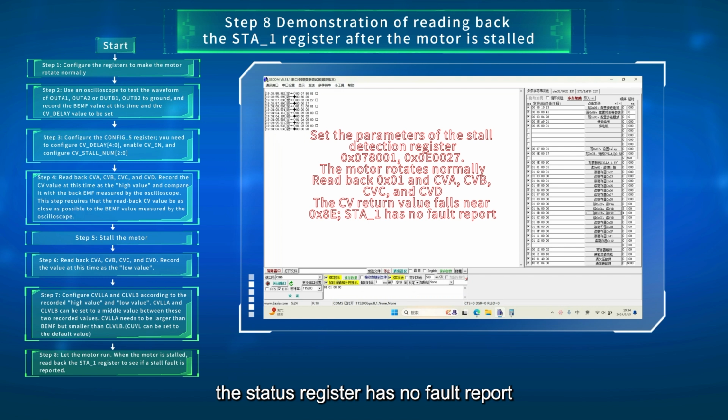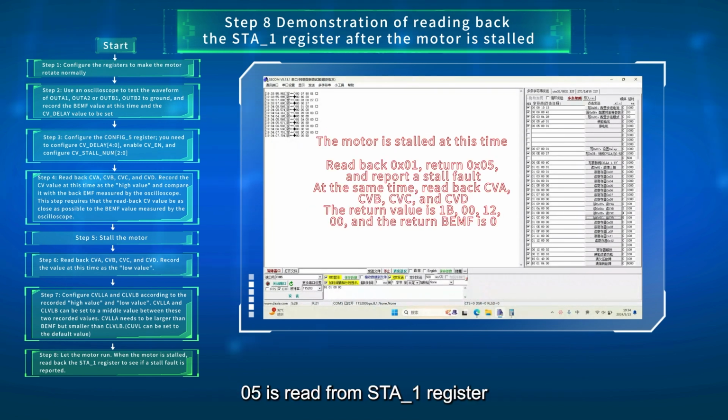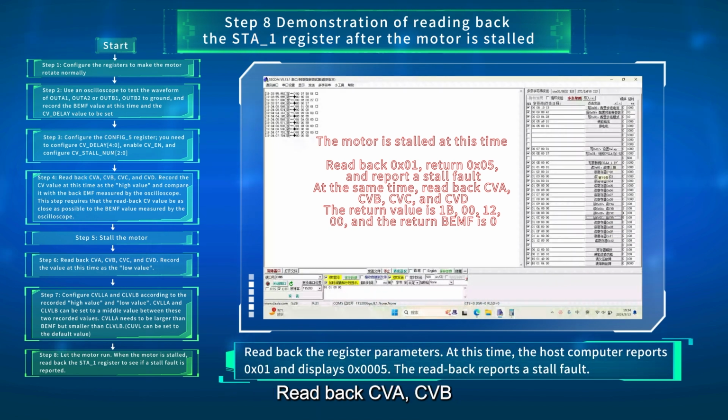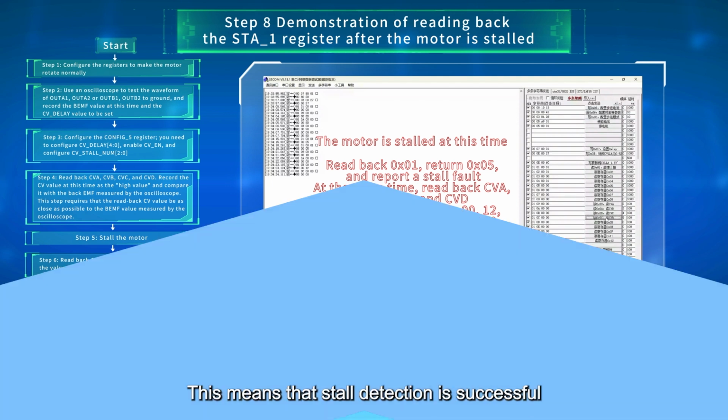The status register has no fault report. Then, stall the motor and read back the status register. At this time, 05 is read from STA1 register, and a stall fault is reported. Read back CVA, CVB, CVC, and CVD at the same time. The returned BEMF is 0. This means that the stall detection is successful.